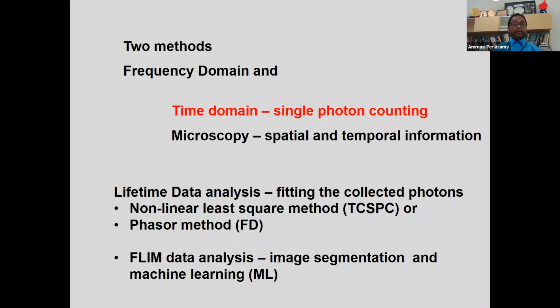There are two methods in lifetime imaging, as you know, frequency domain and time domain. What I am going to present is mainly time domain, single photon counting. For lifetime data analysis, we use the Becker and Hickl software for non-linear least squares fitting of the data, or we can use the phasor method.